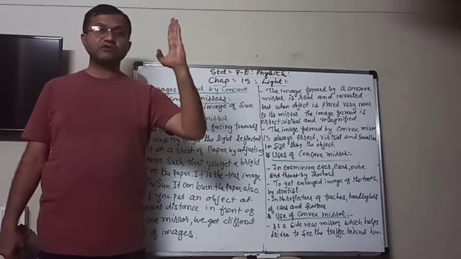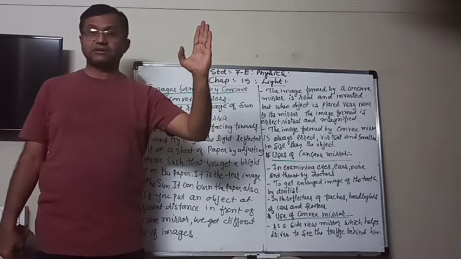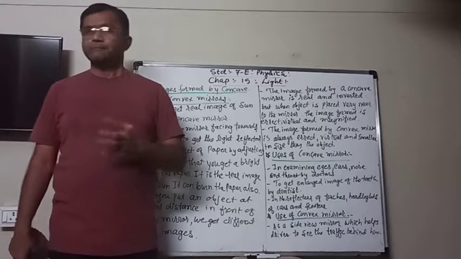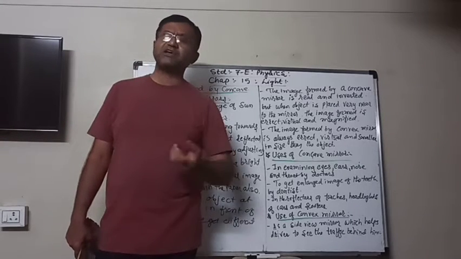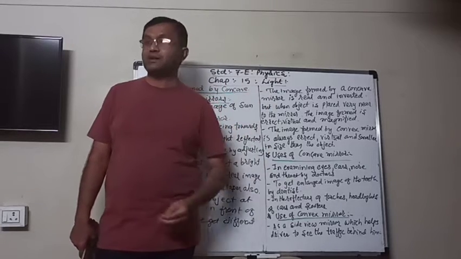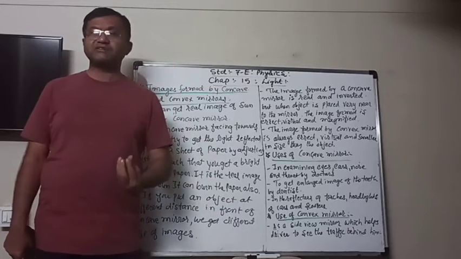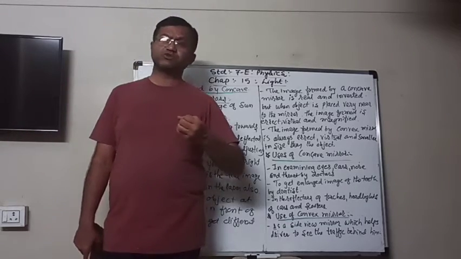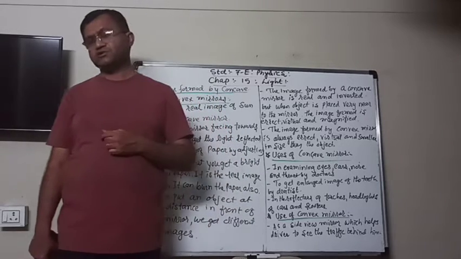And the image was always erect and virtual. But with the help of the spherical mirrors, you can get different type of images. Not the same size, maybe smaller size, bigger size, too big image, or too small images also.